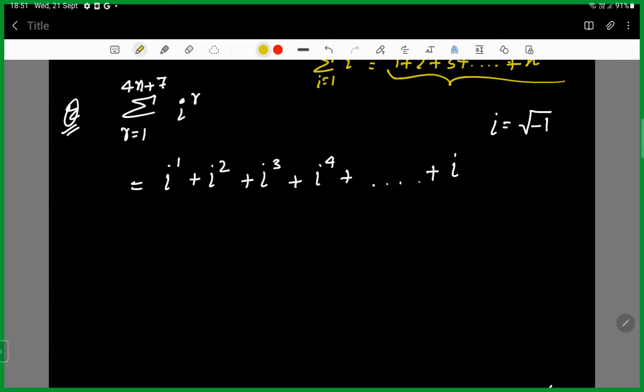Till when we have to add? Till upper limit 4n plus 7. 4n plus 7. Okay. See, this you can also write as I plus I square plus I cube. What else we can write?